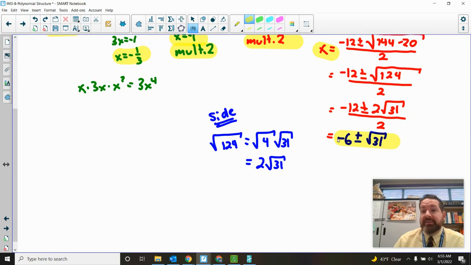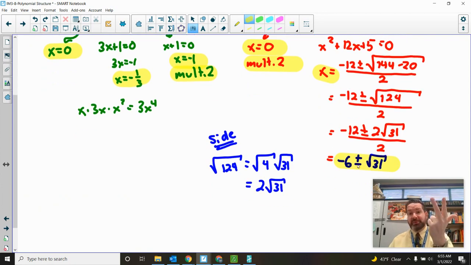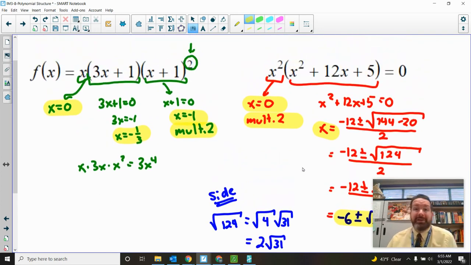One of them is negative 6 plus root 31. The other is negative 6 minus root 31. Okay, so 4 roots altogether. 0, another 0, negative 6 plus root 31, and negative 6 minus root 31. So there you go. You found all your roots, listed the multiplicities.